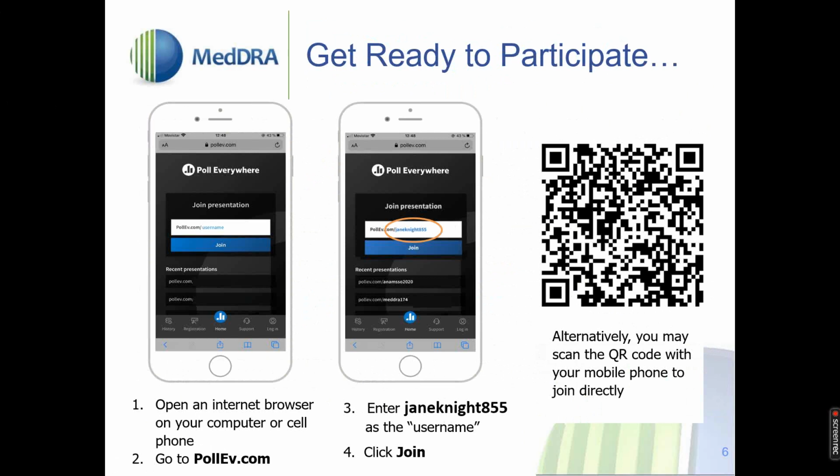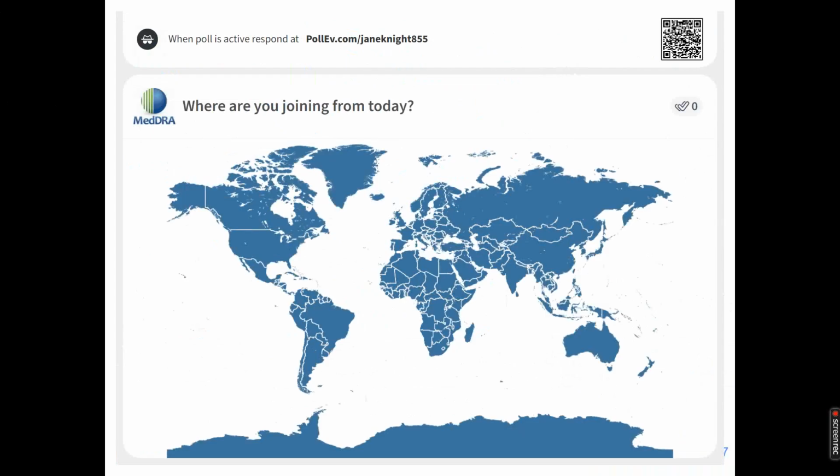When you get the screen that you see on the right hand side, you enter my name as Jane Knight 855. That's the username. The polling is completely anonymous. There's no need to enter your own name, and then you can click join. If you get stuck along the way, just send us a quick message that you want to see the QR code and we'll share it with you again.